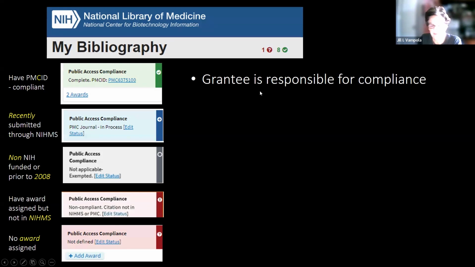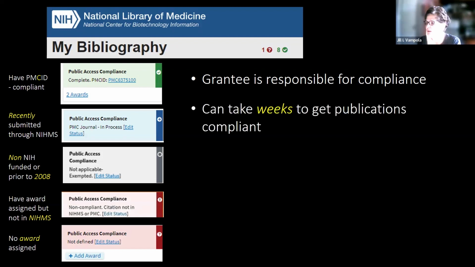So, big higher-level things to remember. The grantee is always responsible for compliance, which is the PI. As we all know, it can take weeks for these things to update and become compliant, so you have to be a bit, what's the word, patient.